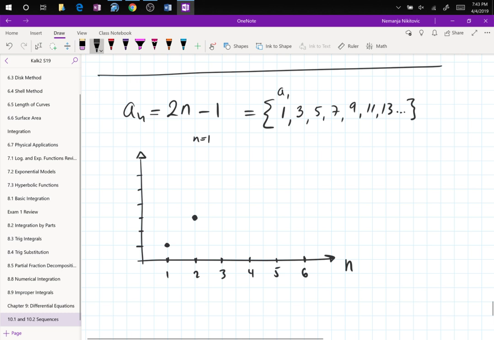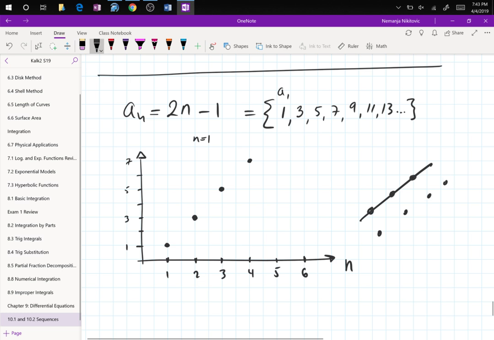For 3, I have a dot at 5, for 4, a dot at 7, for 5, a dot at 9, and so on. I don't get to connect these. These are discrete dots. This is not 2x minus 1. What's 2x minus 1? 2x minus 1 is going to be a line. What's 2n minus 1? A series of dots.